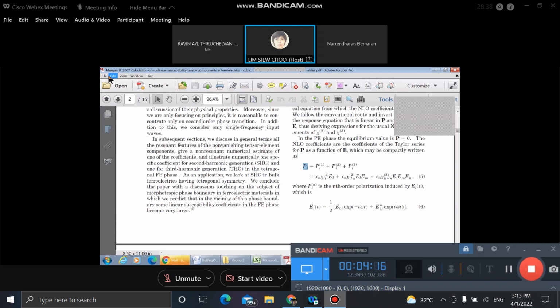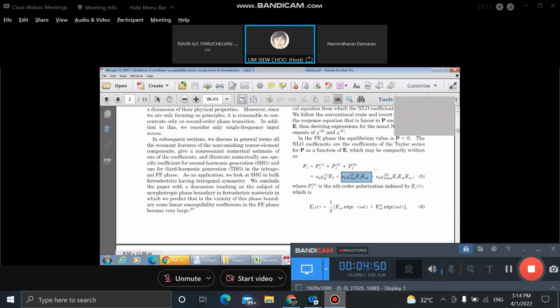So you can see this is the P when nonlinearity is excited. Your P is not simple P1. You have P2 and you have P3. Your P1 is epsilon naught chi1 E. Your second order nonlinear P is epsilon naught chi2 EE.